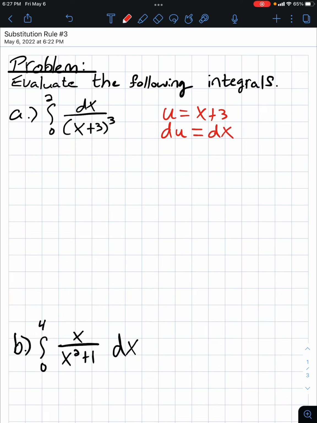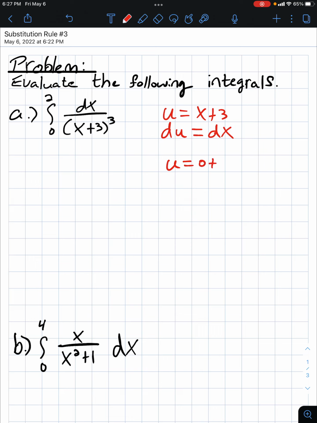So now, since we have definite integrals, we need to change our boundaries. So we need to plug in 0 and 2 into u so we can solve our integral.